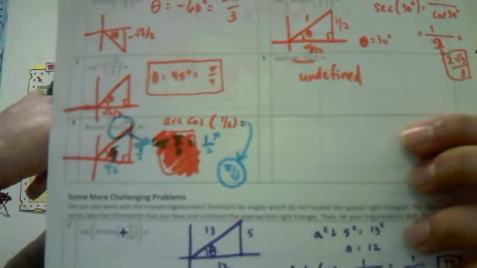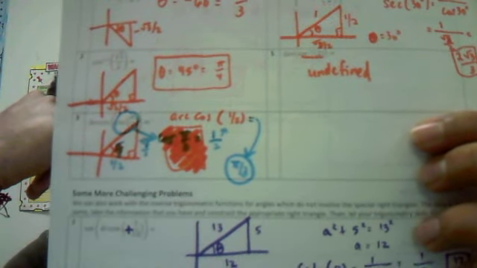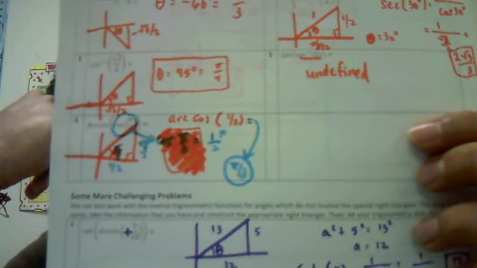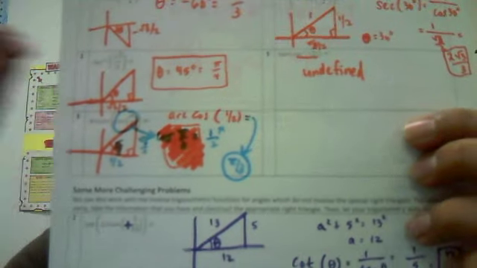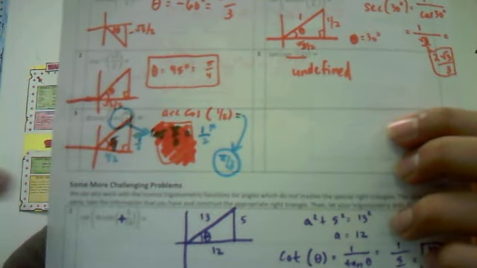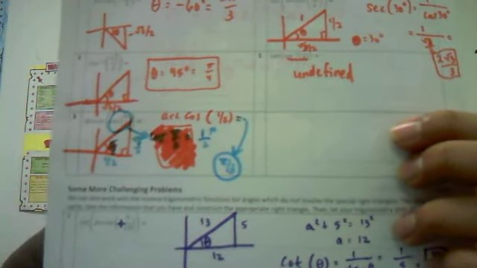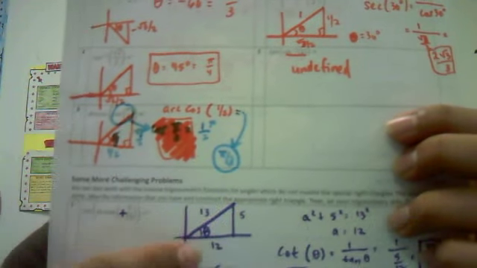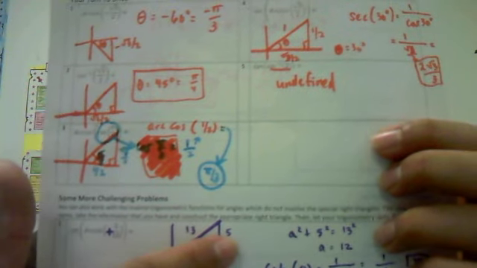So the cotangent of some angle theta has to equal our answer. What's the cotangent of this angle? Well, cotangent is the same as 1 divided by the tangent, or it's adjacent divided by opposite, which is 12 divided by 5, which is our answer. So 12 divided by 5 is that answer.